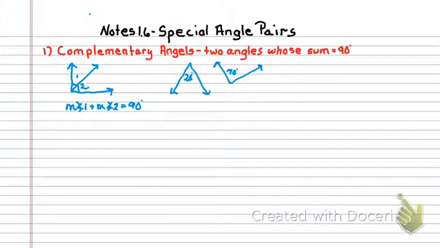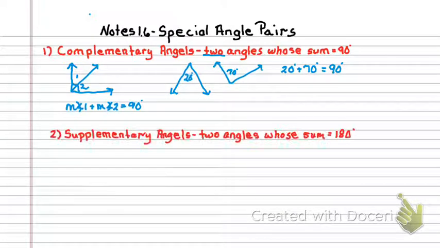If I take the measure of those two angles, 20 degrees plus 70 degrees, add them together, I get 90 degrees. Therefore, those two angles would be what we would call a pair of complementary angles. The key is they are only two angles. Not 5, not 6, it can only be two angles.